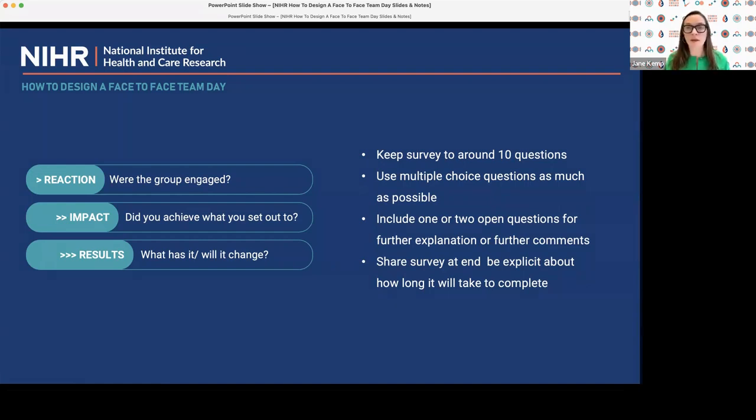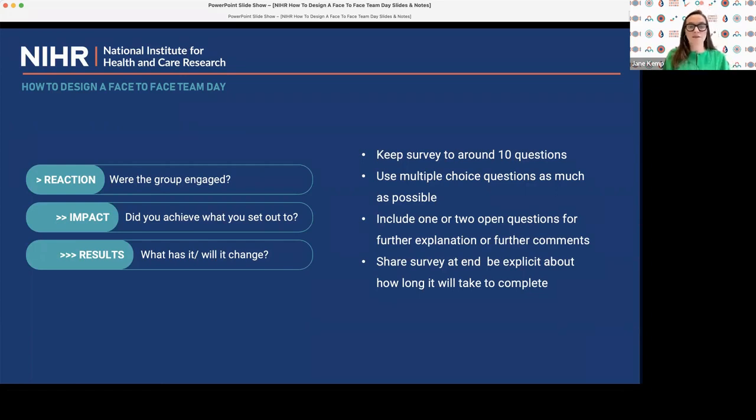It might be done via a quiz afterwards, so you can check what's the level of knowledge. If I'm talking to people about a new system, I could do a quiz on it. Have people got the level of knowledge that I'm expecting? What have people picked up? What haven't they potentially picked up? It could be a Survey Monkey that goes out to people so that you can find out, did we achieve what we set out to achieve?